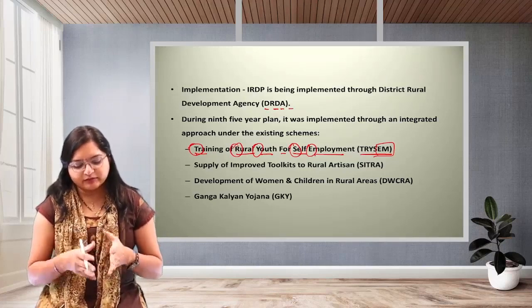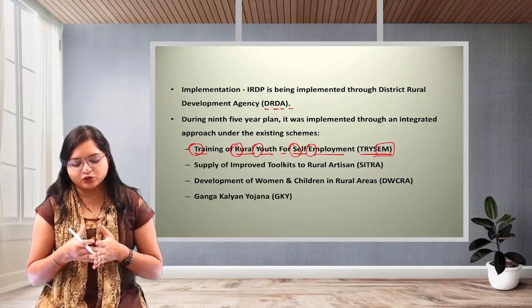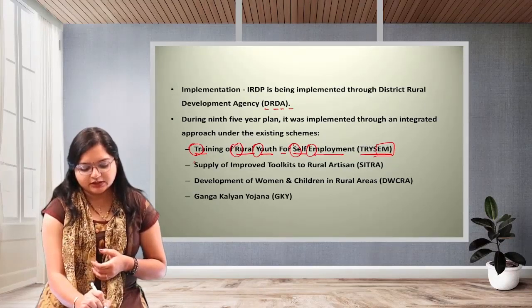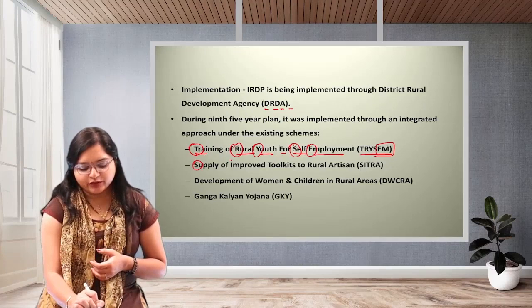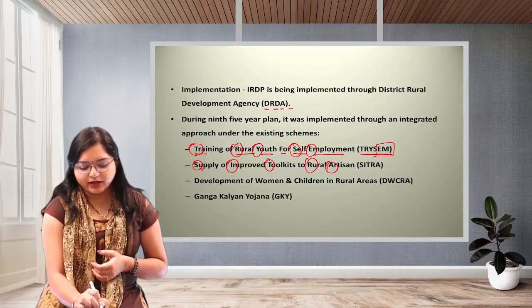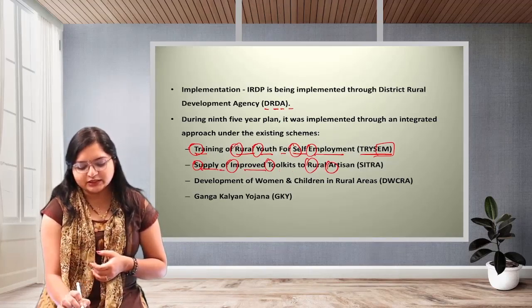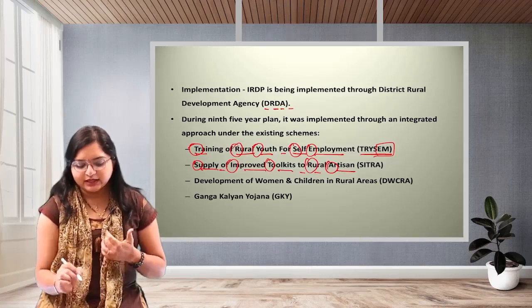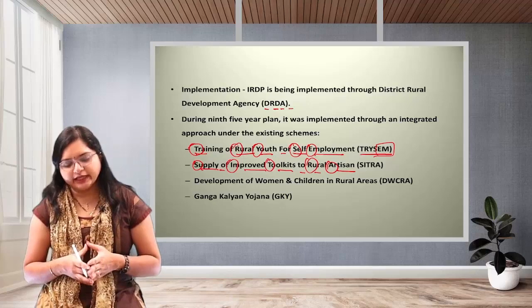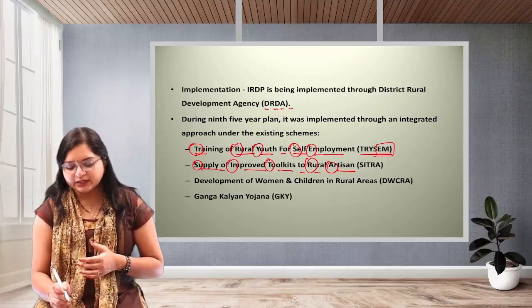Then comes supply of improved toolkits to rural artisans. S is for supply, I is for improved, T is for toolkits, R is for rural and A is for artisans. Then comes development of women and children in rural areas, that is DWCRA.